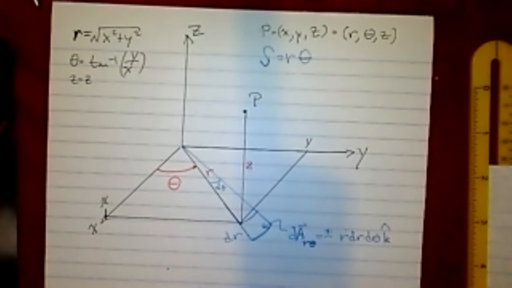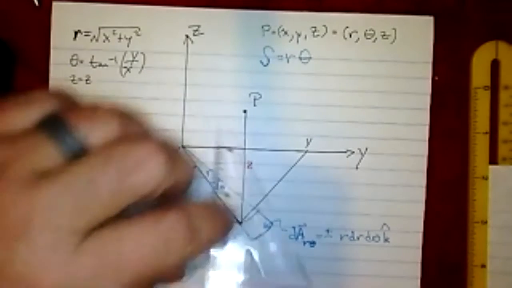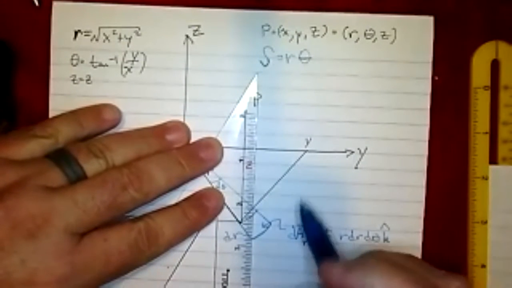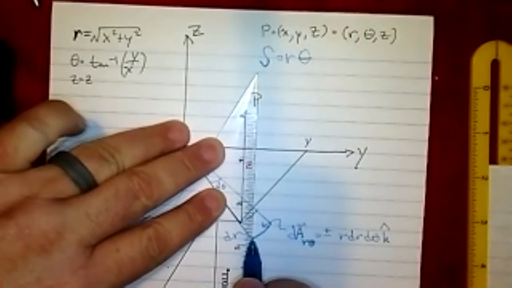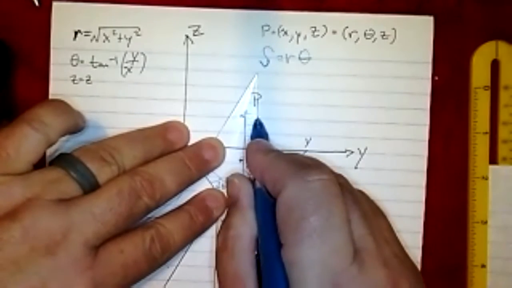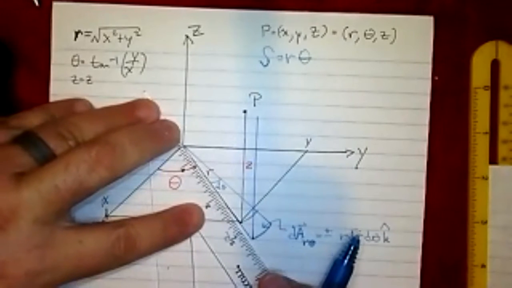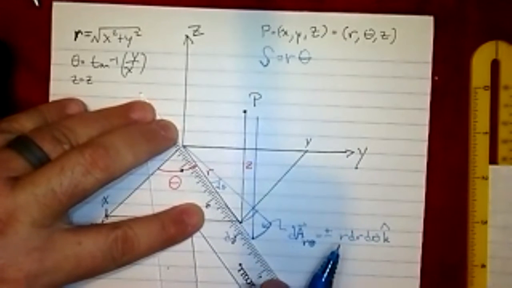Now, what about if we wanted to let r vary and z vary? Well, that's easy enough. Now we're going to go up here and draw another coordinate. So I'm going to draw straight from this corner up this way. I'm trying to estimate roughly how far I should draw it, but I'm not going to do it perfectly probably.